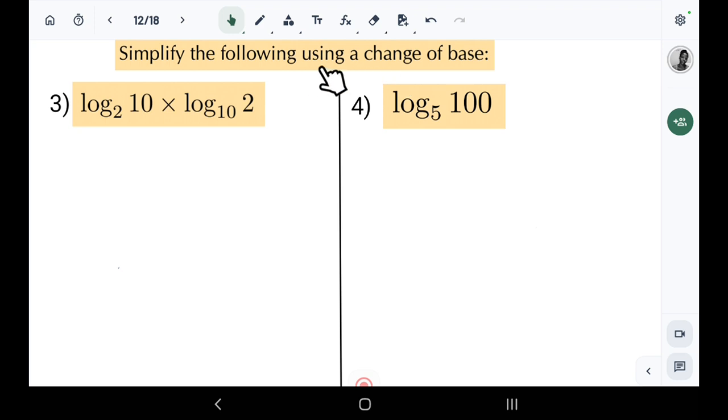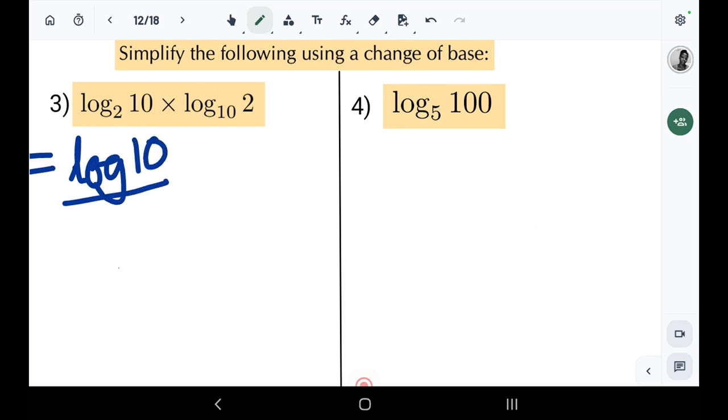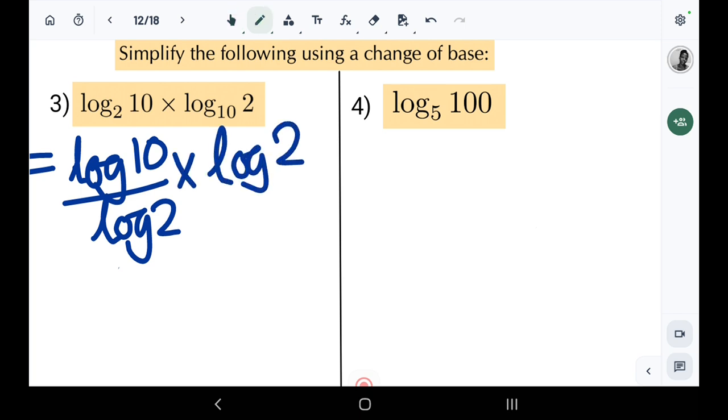Simplify the following using a change of base. Same story, that's number 3. That will become the log of 10 over the log of 2. Notice that I did not put any base here. The base is assumed to be 10. Multiplied by, I'm going to do the same for this, log of the number to the base log of 10.